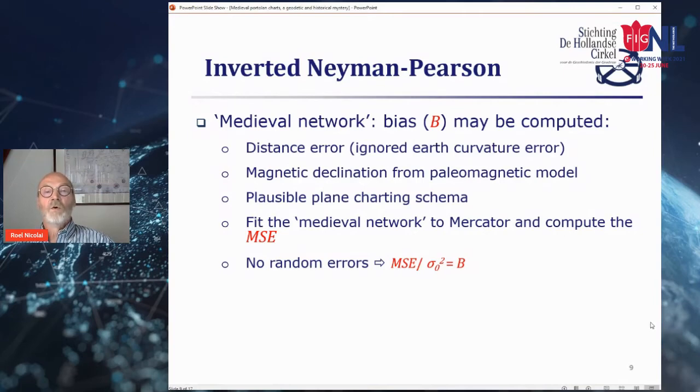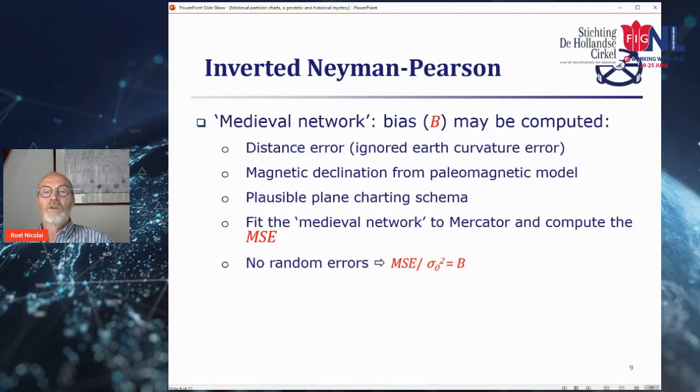The expected, or rather the mean accuracy of the actual Portolan chart, sigma naught squared, or this 11.3 kilometers squared, must be factored in. The real question is now, how large is this bias B for each of the three networks?